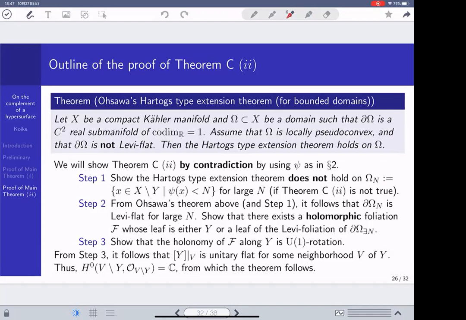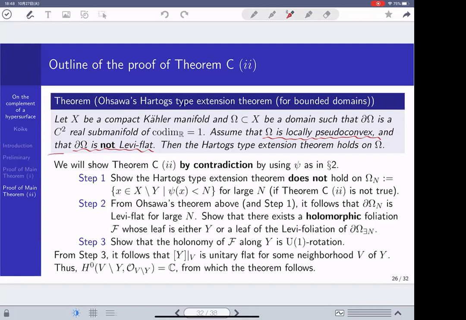We assume some kind of weak convexity, but at least at each point of the boundary, in some direction, it should not be flat. I mean, it should have a bit strong pseudoconvexity. By this kind of assumption, Ohsawa also showed the Hartogs type extension theorem.